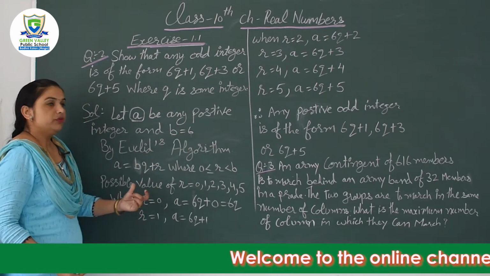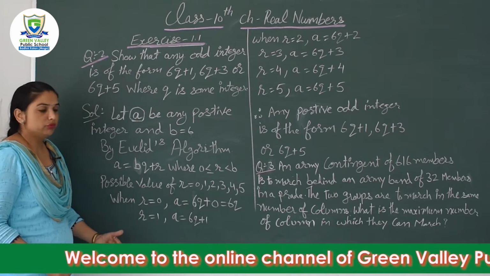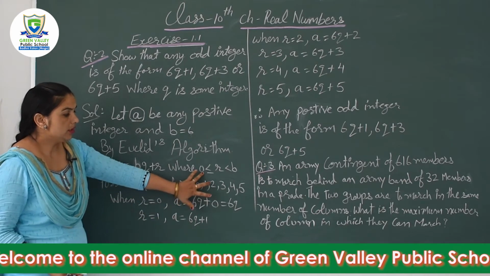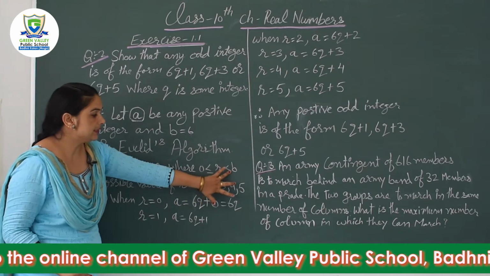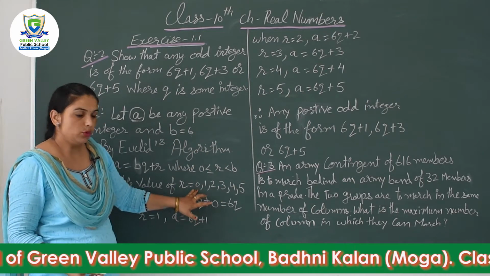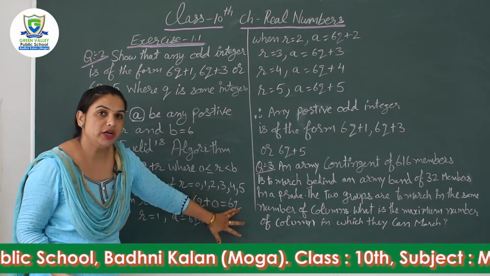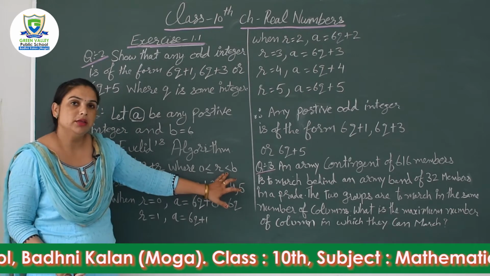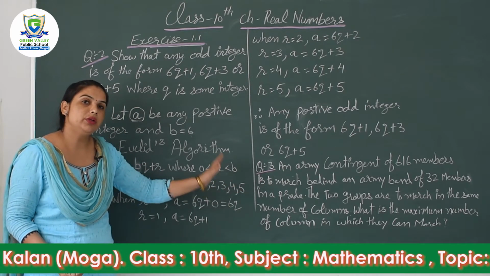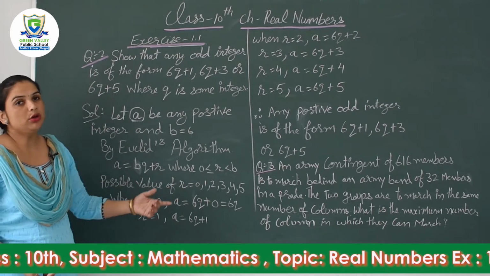So according to the value of b, we can get the possible values for r. Like it is equal to 0 but less than b. Our b is 6, so it will be 0, 1, 2, 3, 4, 5. It is less than b and b is 6, so we'll take less than 6. These are the possible values of r.